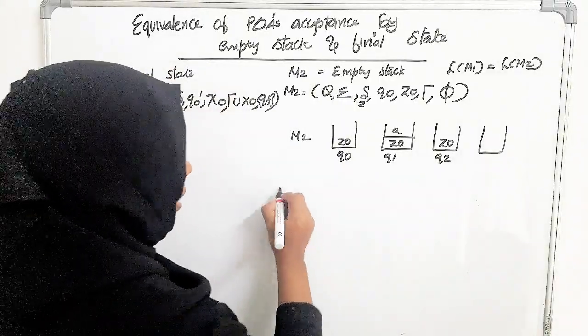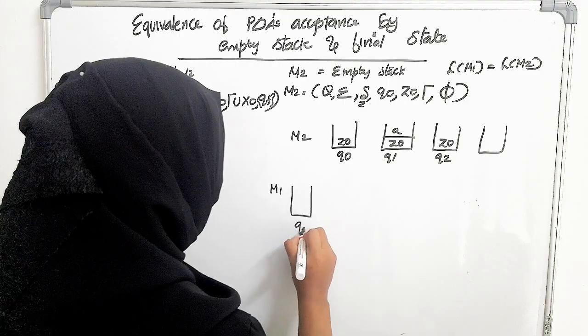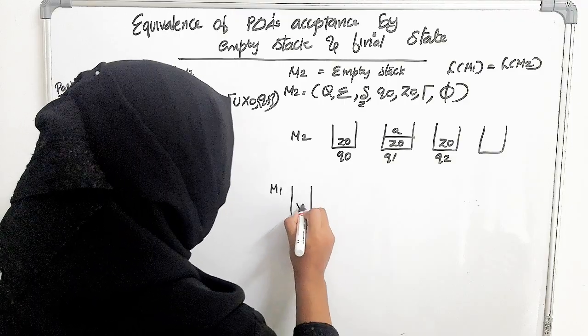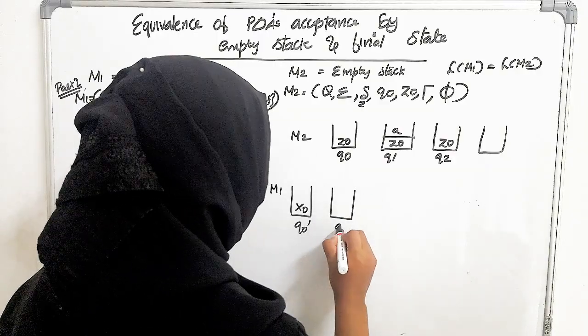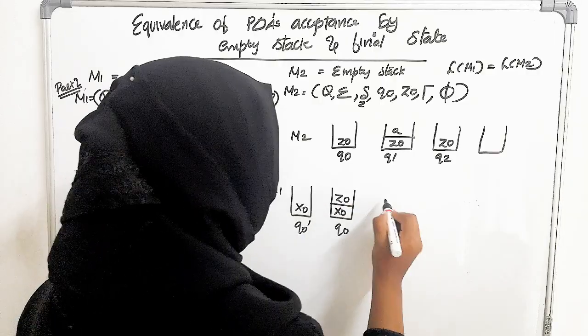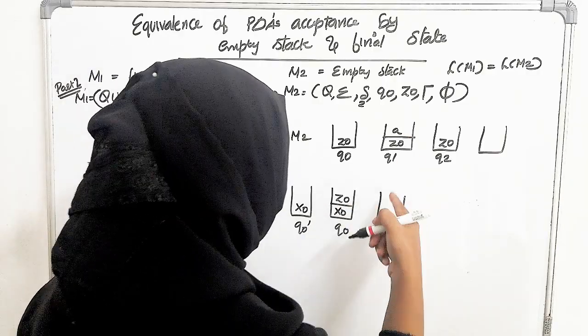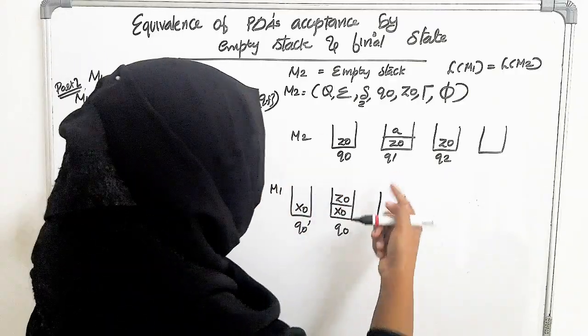So what M1 can do here is, M1 can start from Q0 dash, the extra state, with X0 as the first symbol. Now it can go to Q0 by pushing Z0 over X0. Now what happens is, from this step onwards, M1 can copy everything that M2 does.